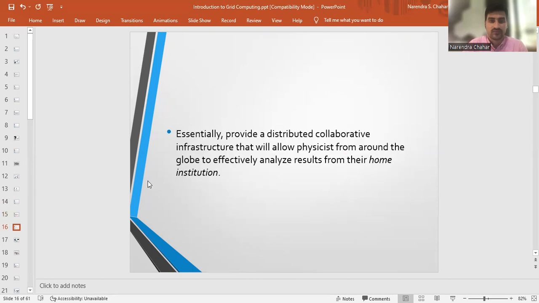Now we come to the next slide. Here, essentially, we are providing a distributed collaborative infrastructure that will allow physicists from around the globe to effectively analyze the results from their home institution.